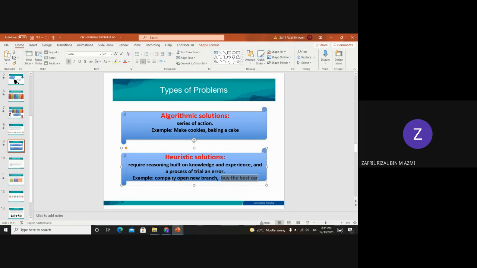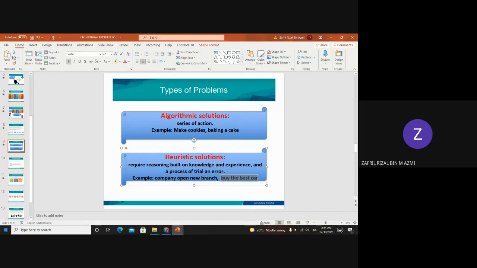For example, the prediction of the weather. Although our software can predict weather for next week, for example, it predicts that next week is going to be a tsunami. So most probably it will happen, or maybe it won't happen at all. So it is a heuristic solution.